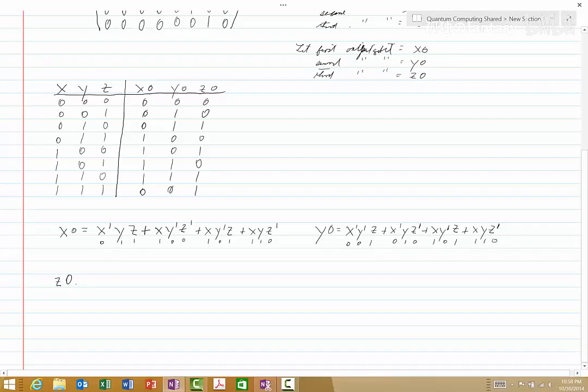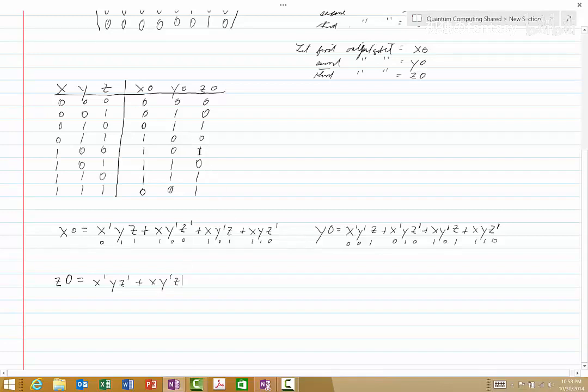Before we go ahead and do the Quine-McCluskey method for each one, let's just go ahead and find out the information for z0. The first one corresponds to x prime, y, z prime. Right here in the third row, x prime, y, z prime to take care of this one. For this one right here, we have x, y prime, z prime.